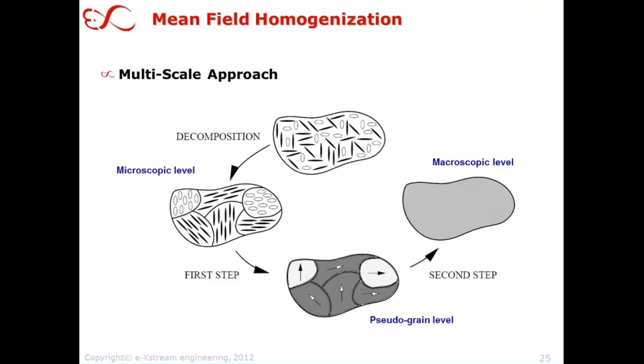We compute some homogenization method, Mori-Tanaka theory, per pseudograin level, then we get our material properties, and then we take from this pseudograin level a second averaging step, bringing us to the macroscopic level where we have the full property of the composite material.